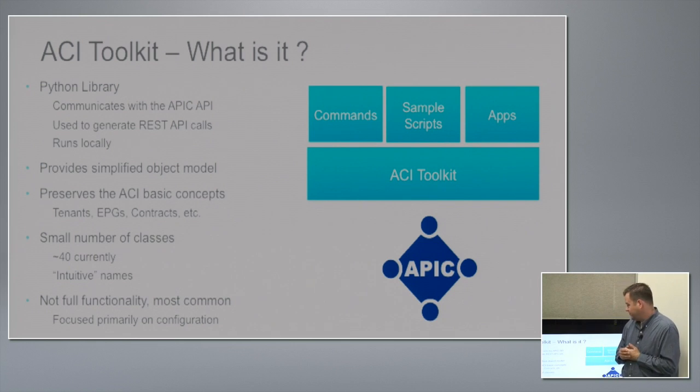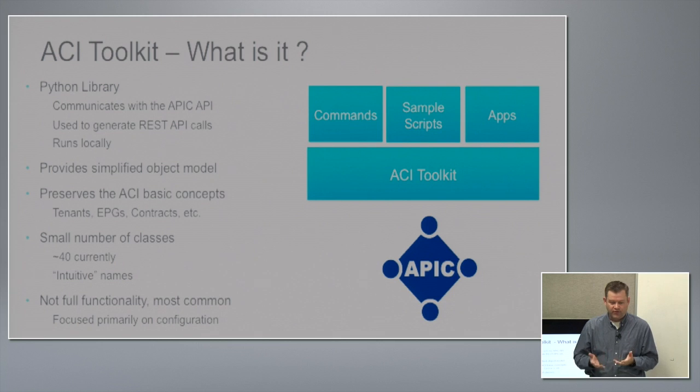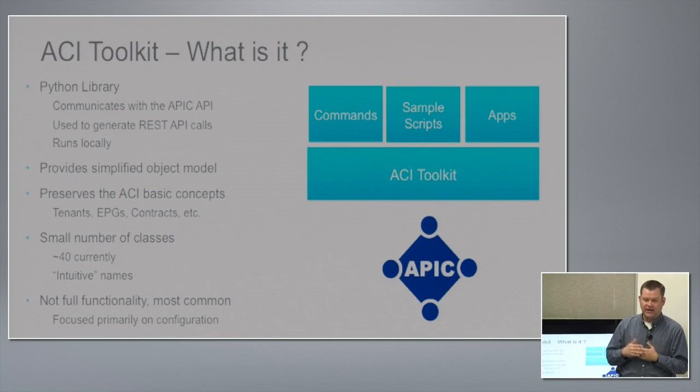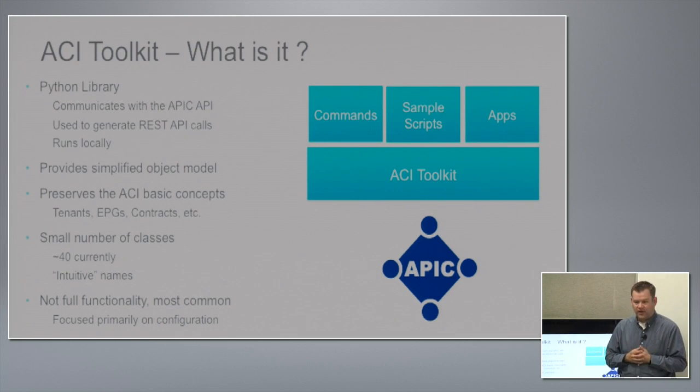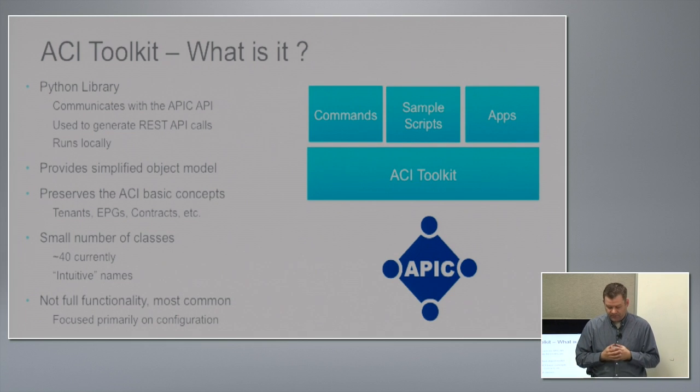So at the core, what is the ACI Toolkit? It's a Python library. You would run it locally, either on your laptop or a server, and communicate with the APIC. It wraps that REST API, so it hides a lot of the details, but it still makes the REST API available. You can think of it like a helper library. It does provide a simplified object model because we didn't want to duplicate the full object model.